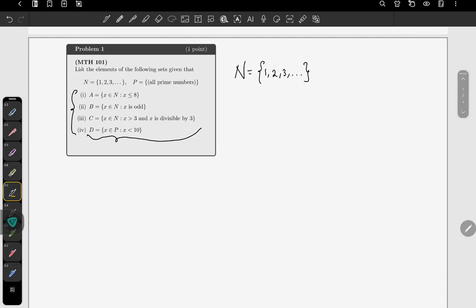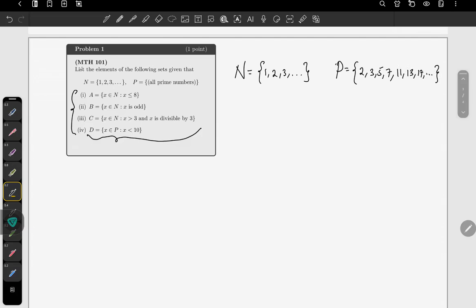The set P is also an infinite set: the set of all prime numbers. Prime numbers are numbers that have exactly two factors, themselves and 1. So we have 2, 3, 5, 7, 11, 13, 17, and so on.